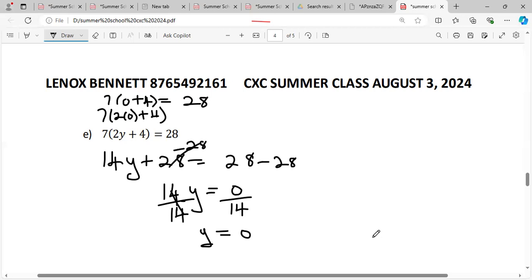So 7 times 4 is 28. You have to remember that the bracket means to multiply. So after you multiply, then you do your thing.